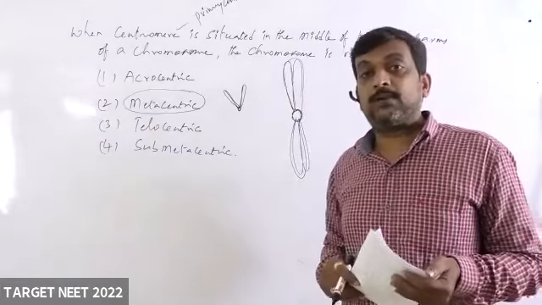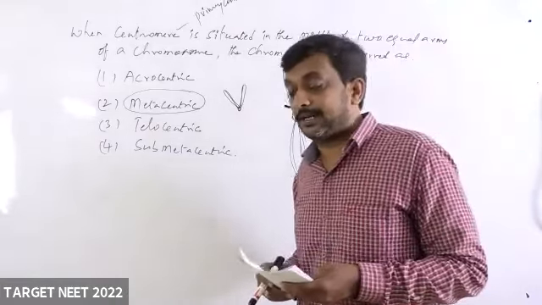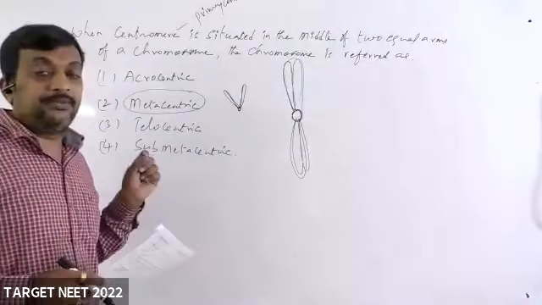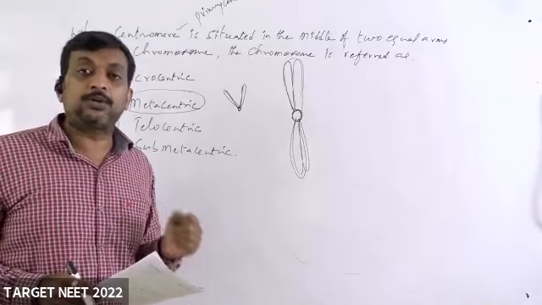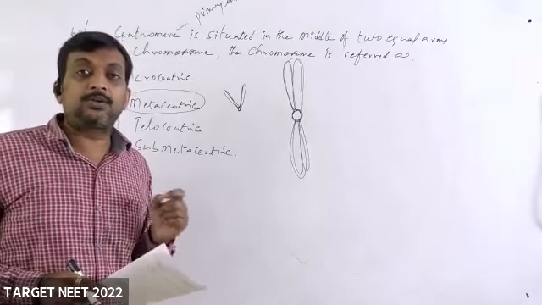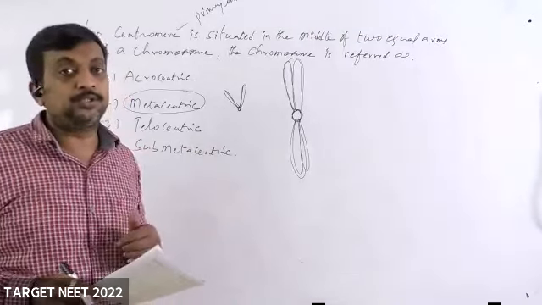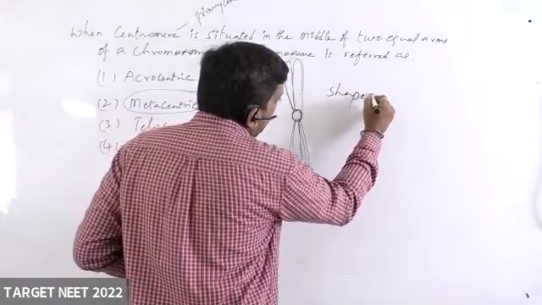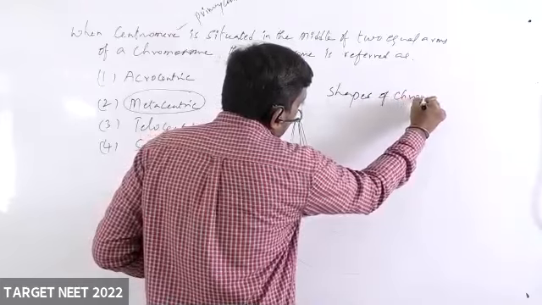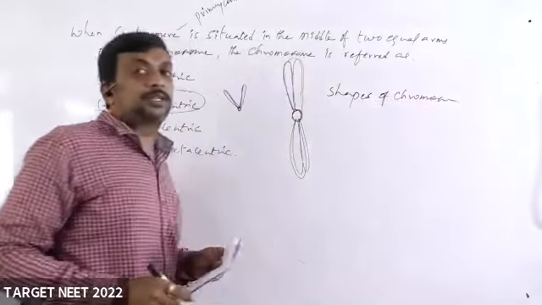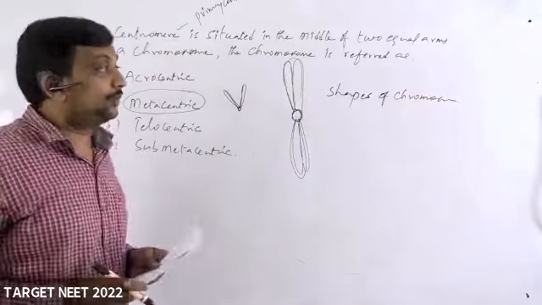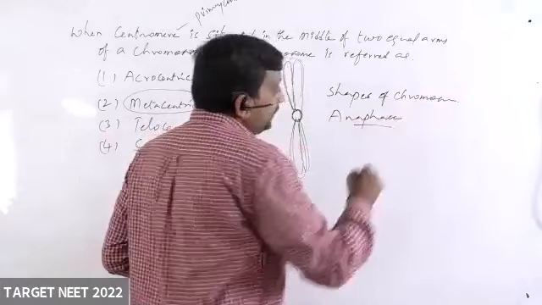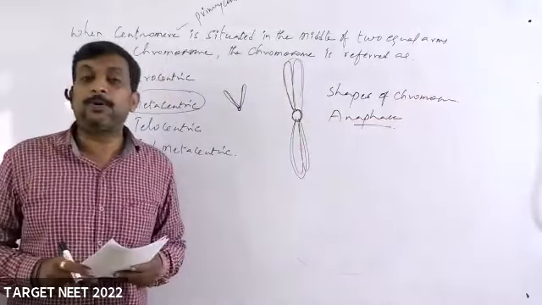Now, in which phase of the cell cycle and cell division is the best phase to study the shapes of the chromosome? That is anaphase. The different shapes of the chromosome can be seen in anaphase.